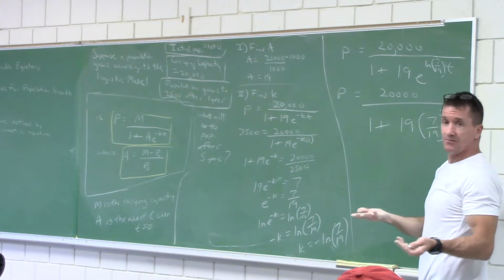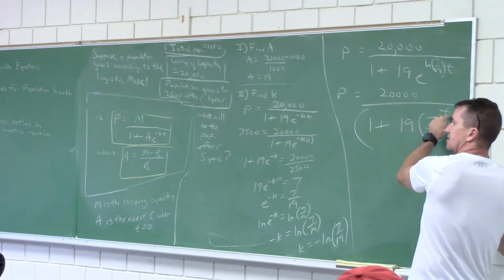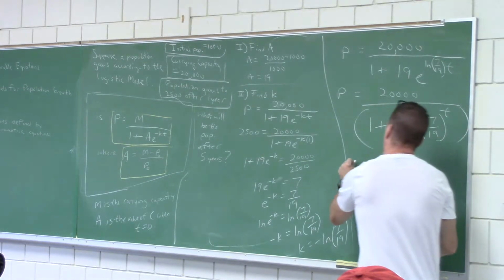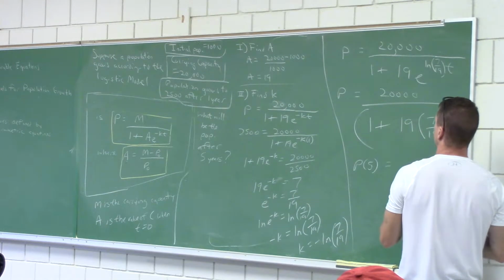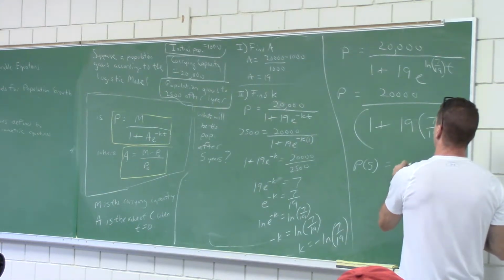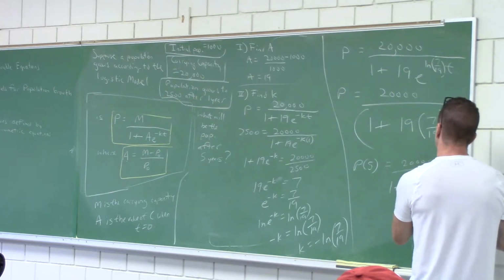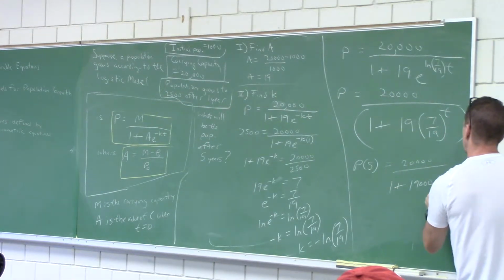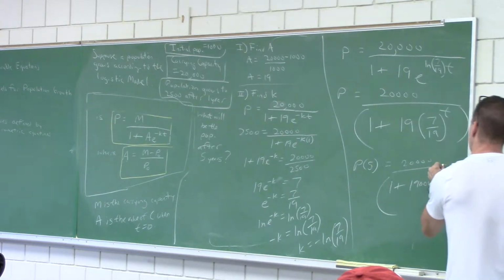Be careful though, right? You're going to put parentheses here, you're going to put parentheses here. What's going there? 5. So what is P of 5? Just plug in t. P of 5 means you get 20,000 over 1 plus 19 times 7 over 19, all raised to the 5th. But put a big parentheses around that.